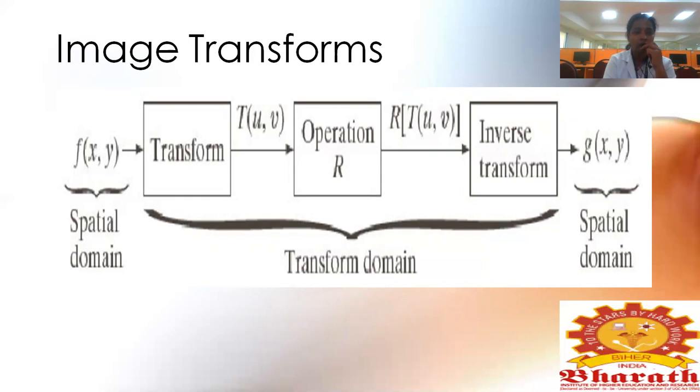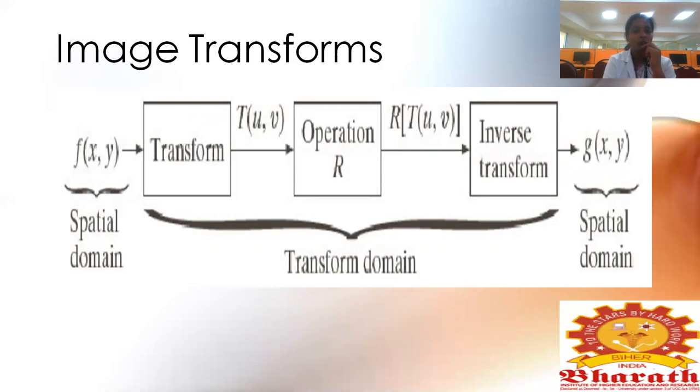So you have an image which is represented using pixels. You give that into a transformation function, right? You apply some transform so that the image represented in pixels is converted into T of u comma v, which is the transformation function.